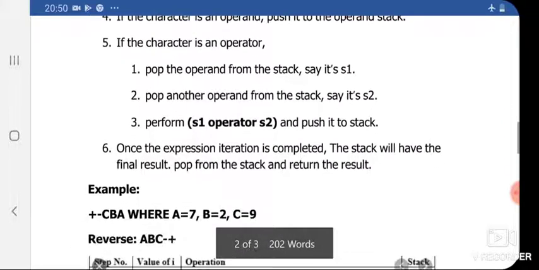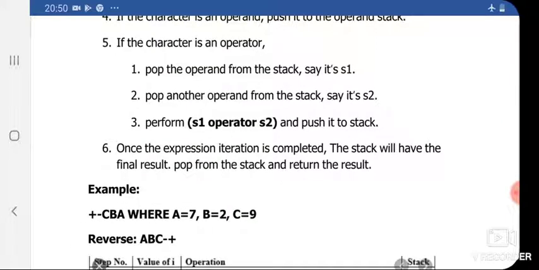Once the expression is completed, that is, once we reach the end of the expression, the stack will have the final result. We pop the result from the stack and we print it.